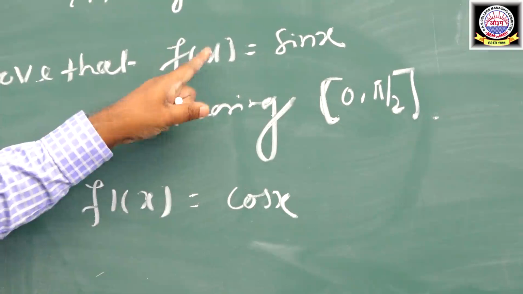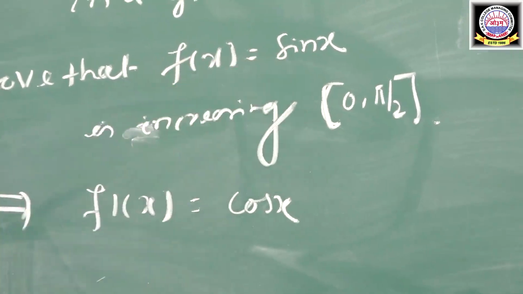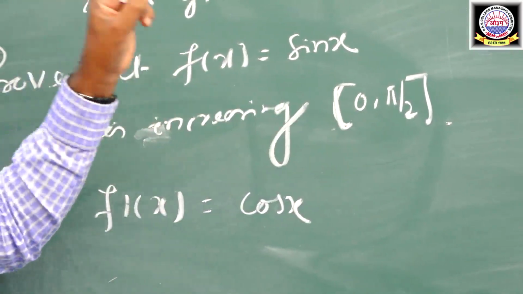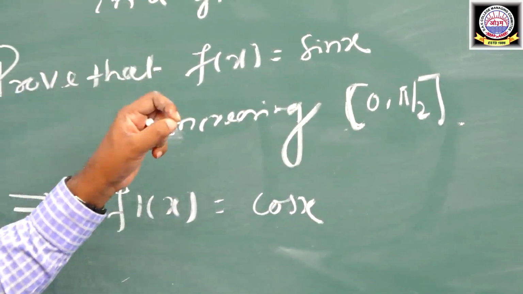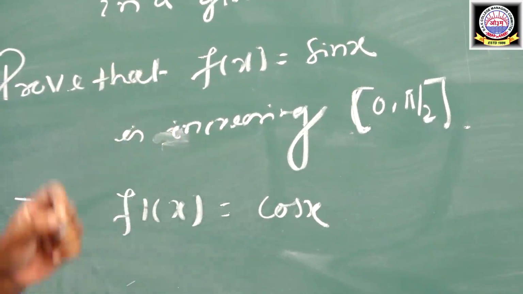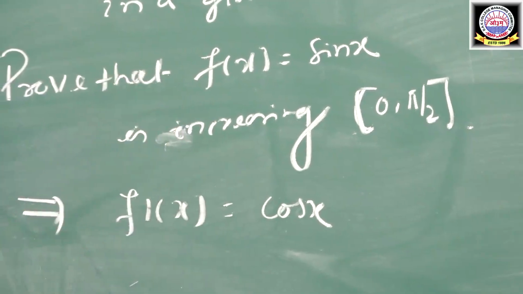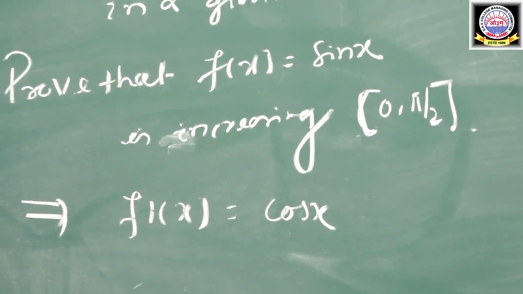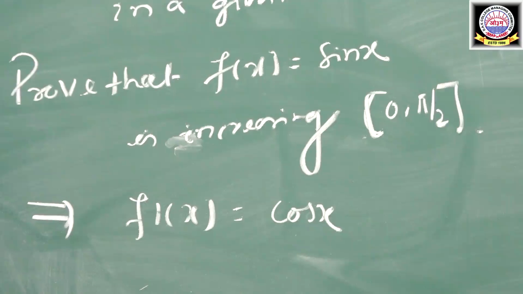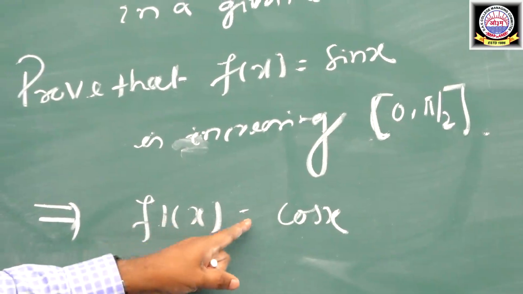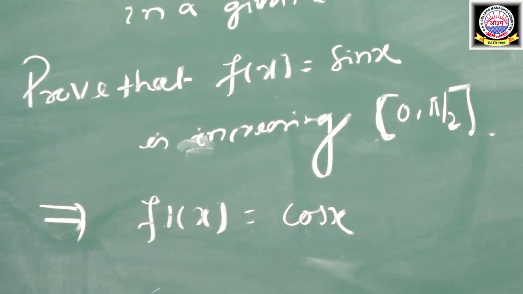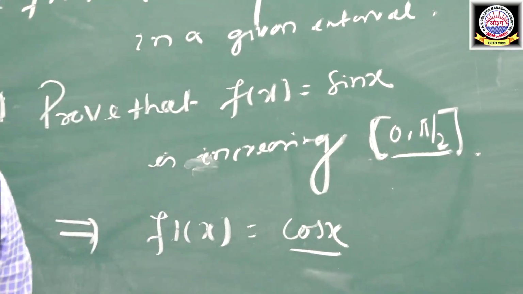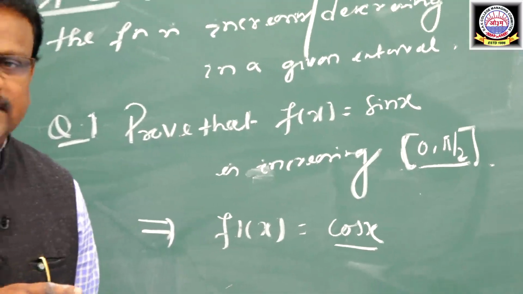Check or prove that the function f of x is equal to sin x is an increasing function in 0 to pi by 2. In the beginning of the class, I drew the figure of y is equal to sin x, and from this graph it is observed that the function is increasing between 0 to pi by 2. So, f dash x is equal to cos x, and cos x in 0 to pi by 2, means in the first quadrant, is positive.